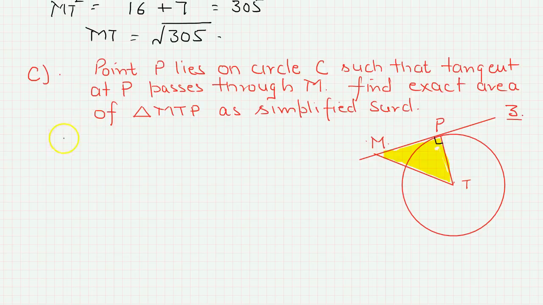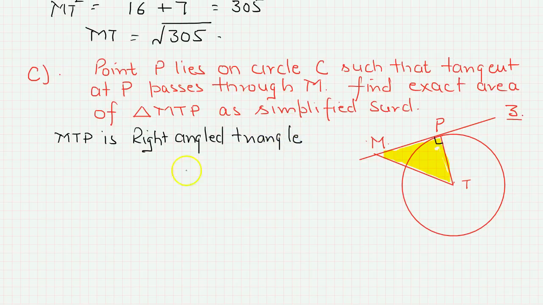So MTP is a right angle triangle. For a right angle triangle, the area is half multiplied by base, let's say MP is the base, times height, that is PT.